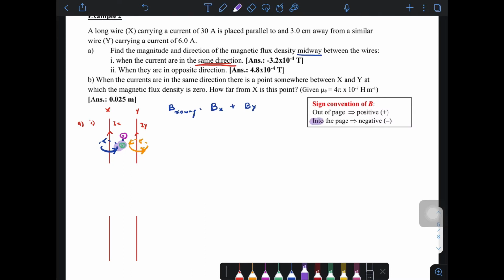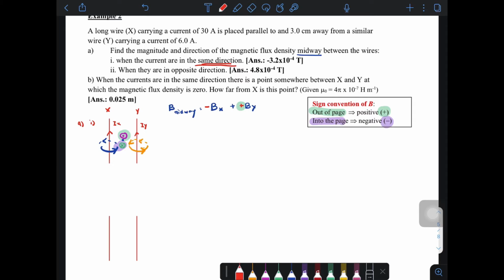So kalau masuk dia into the page, nilai B kita akan jadi negatif. So that's why dia ada negative value dekat sini. Dan B daripada Y dia keluar. So kalau out of the page dia akan jadi positif. So that's why depan ini dia positif. Right. So sekarang dah tahu direction and the value for the direction.